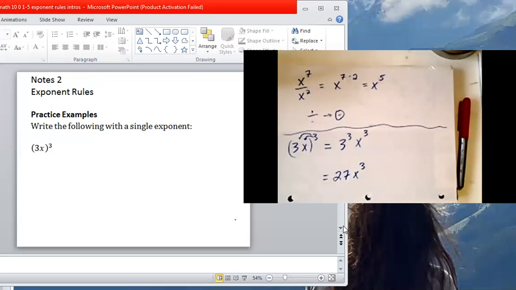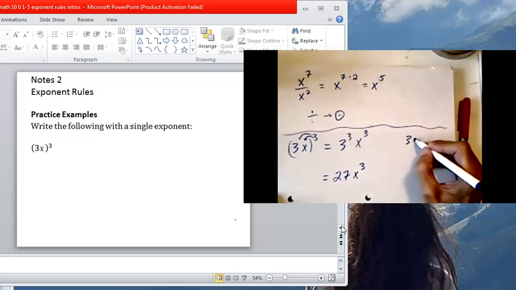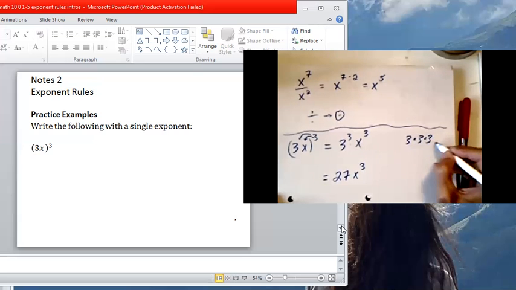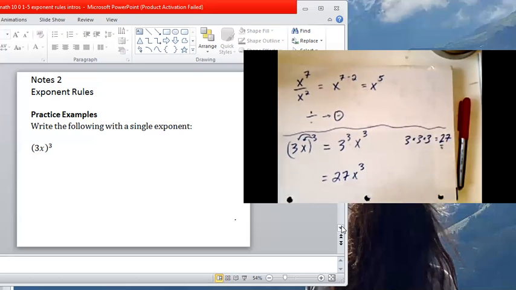So the 27, you got it from 3 times 3, which is 9. Where do you get the 27 from? This came up earlier. So remember, this 3 here, 3 things multiplied together. So it means 3 times 3 times 3. 27.